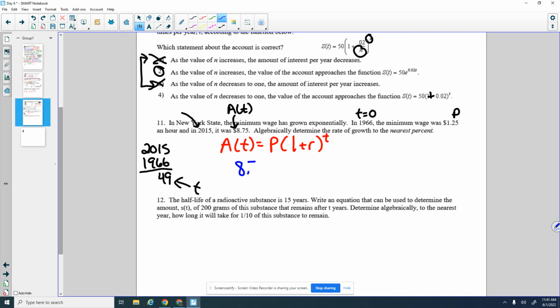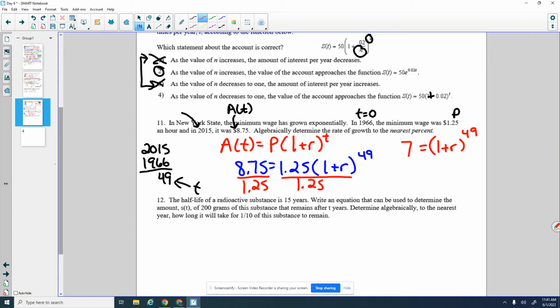So at the end, we have 8.75, we're starting with 1.25, 1 plus r to the 19th. So the first thing we're going to do is divide. And that's going to give me 7 equals 1 plus r to the 19th.